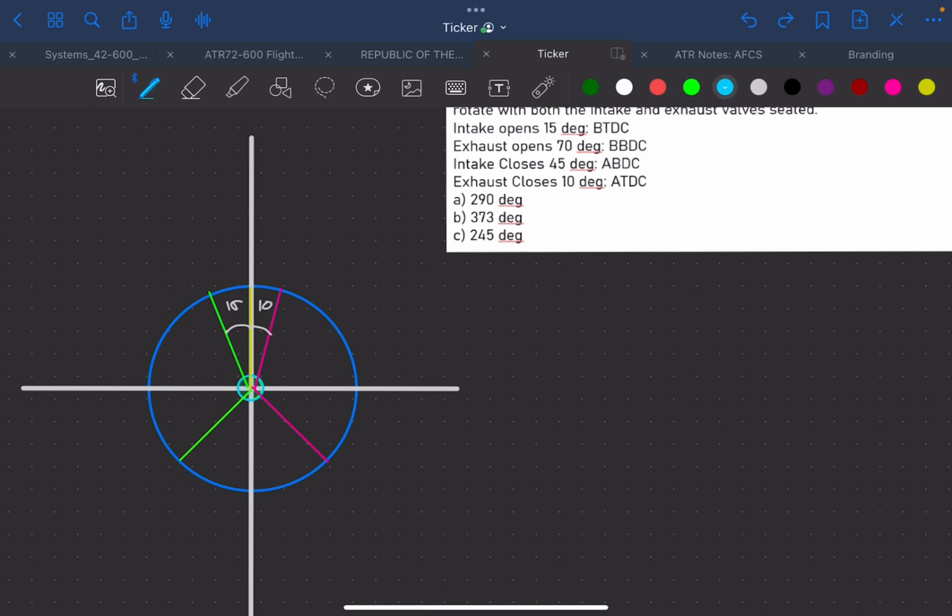So, let's measure that rotation. Remember, we started with the intake stroke, a 90-degree turn. One valve is still open. Another 90-degree turn, one valve is still open, and that is the intake valve. And after 45 degrees, the intake valve closes. So at this point, both valves are now closed.